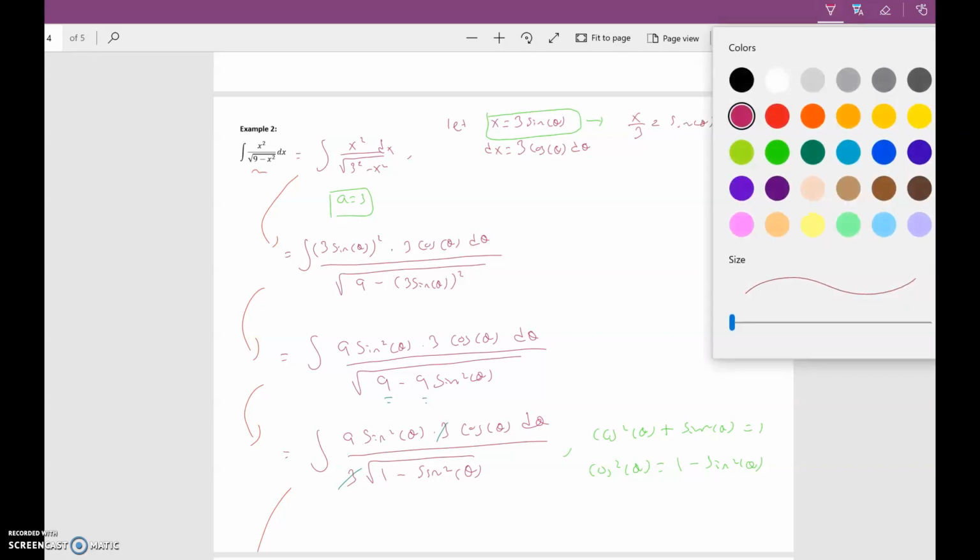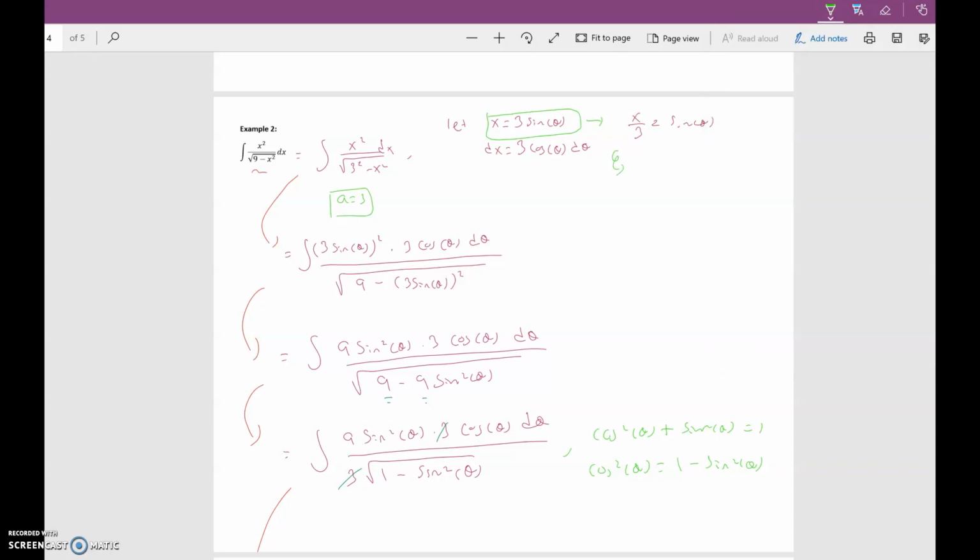Or if you express it just in terms of theta, theta is equal to the sine inverse of x over 3. That's supposed to be a sine inverse, or the arcsine.